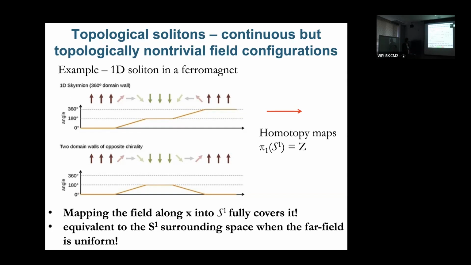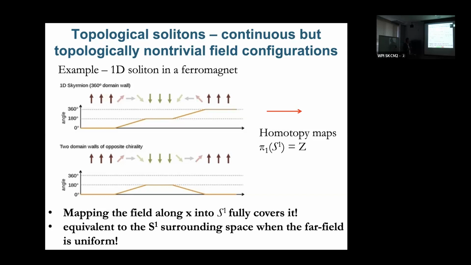So this is now a solitonic wall, which is described also by the first homotopy group of S1, similarly to how we were using this very same notation for describing line defects in 2D. In that case, singular defects were encircled by a circle.